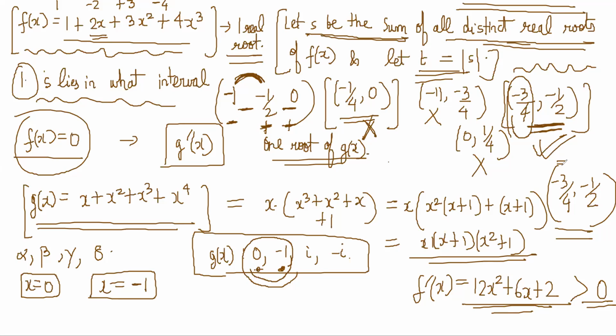I got it. Everything is in an interval, so you can take the minimum first, -3/4, and then -1/2. T is mod S, so it can be either 3/4 or it can be half. Okay, fine. But necessarily you don't know how to solve this.